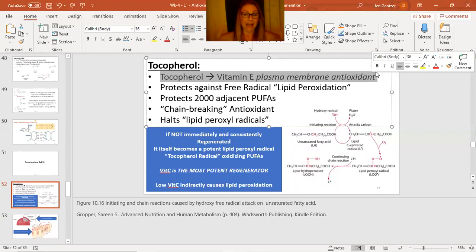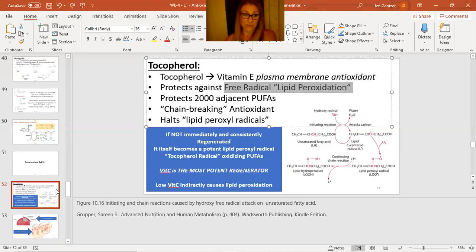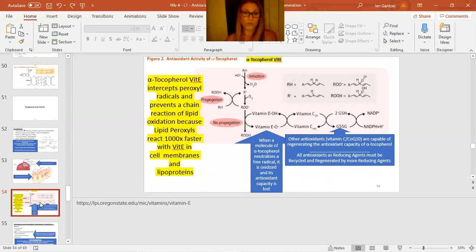If oxidative stress is using up all of our antioxidants for excessive body habitus, inflammation, and other sources of oxidative stress, then our vitamin C is not going to be available to protect our vitamin E, and then we can have a system of lipid peroxidation, which is going to be very, very, very bad.